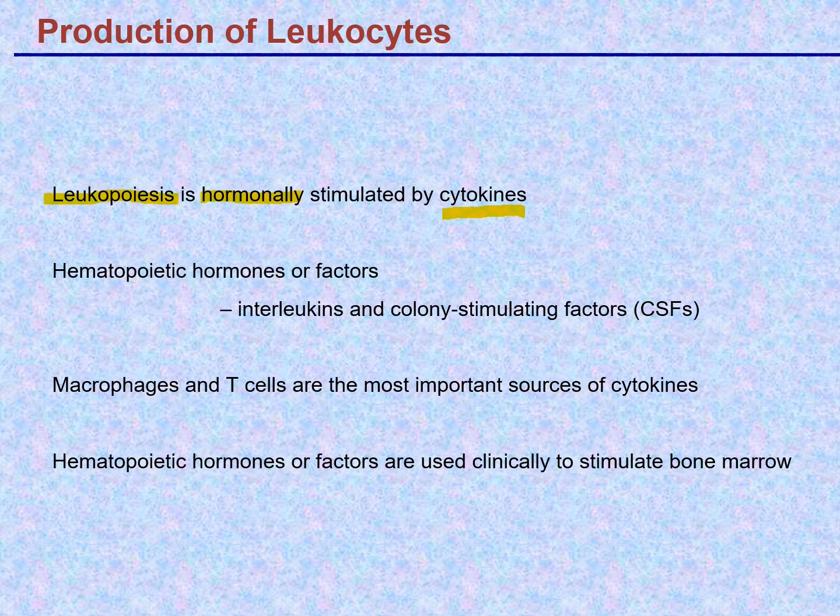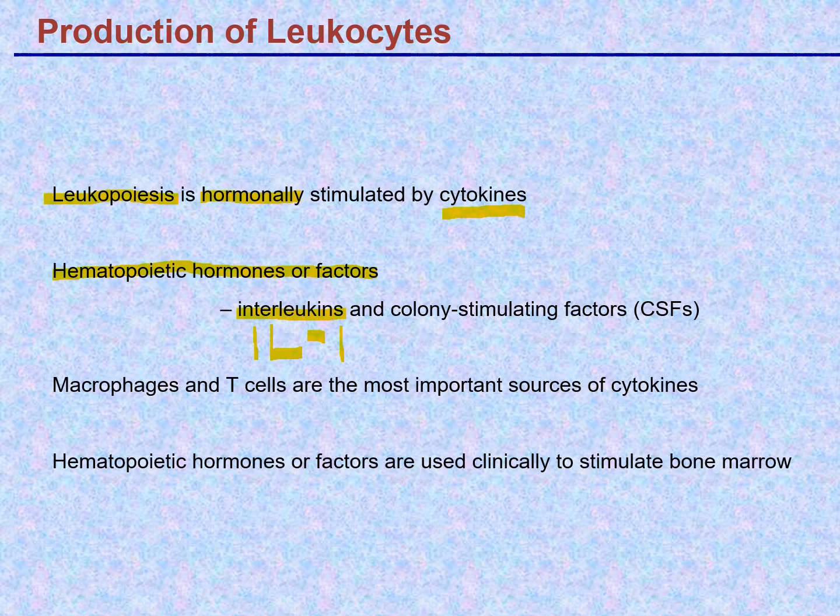These factors, or hematopoietic hormones, usually called factors rather than hormones, are mostly called interleukins, and the abbreviation for interleukin is IL, and there are a number of them. They're all classified by a number, for example, IL-1, IL-2, etc. It goes quite far.